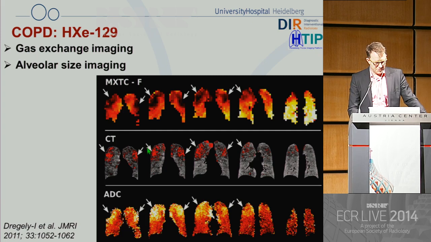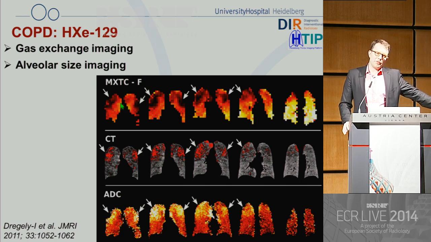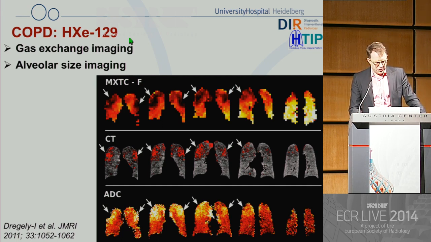You see the emphysematous areas on the CT, and you nicely see the emphysematous areas measured by hyperpolarized xenon. And this here is the xenon readout, where we look at the amount of xenon which has actually reached the vasculature, the pulmonary veins, demonstrating that there has been gas exchange in these areas. And not really surprisingly, it could be demonstrated that the areas which are destroyed by emphysema don't have any gas exchange, or let's say gas uptake.